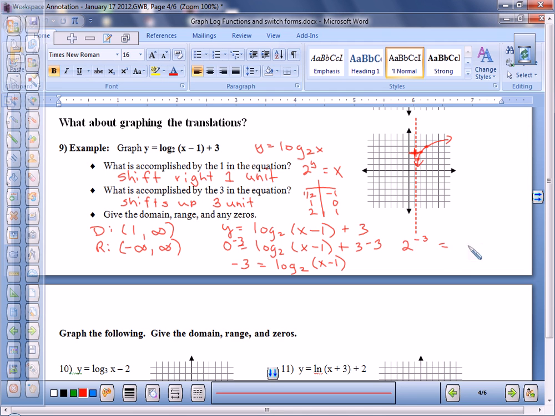So 1 and 1/8 equals x. That is my 0. That is where the function has a value of 0. So the 0 is 1 and 1/8.